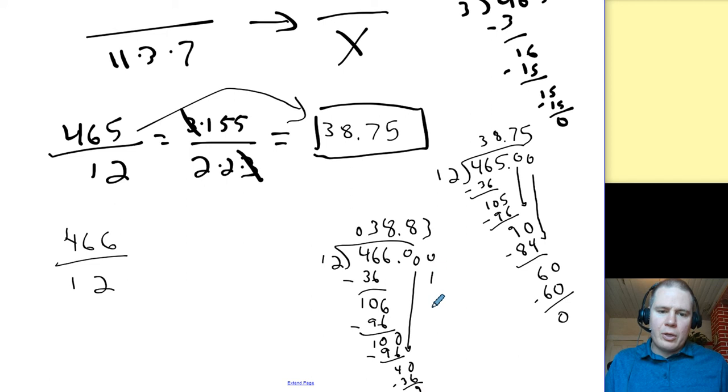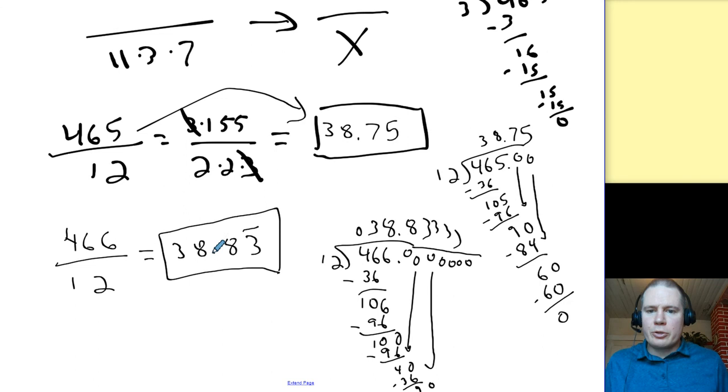Bring down another 0. 12 into 40. All I'm going to do is bring down more zeros. 12 into 40 is 3. 40 minus 36, remainder 4. It's just going to be all these 3s. So we get 38.83 with the 3 repeating, so put a line over the 3.